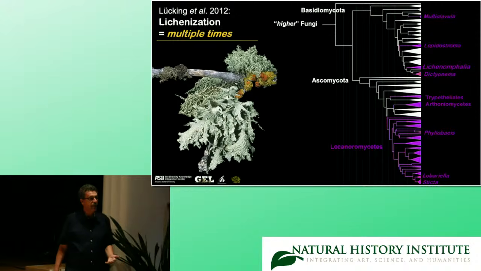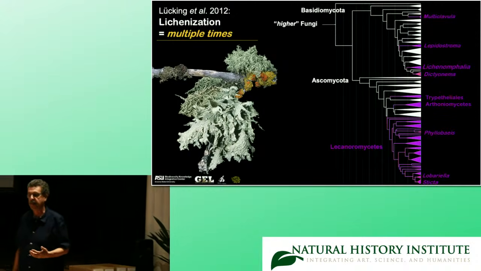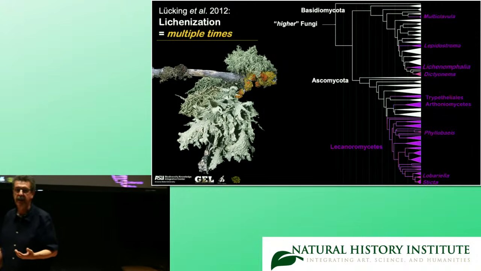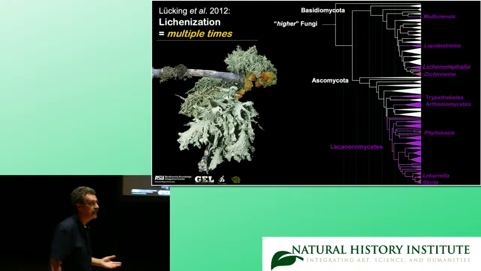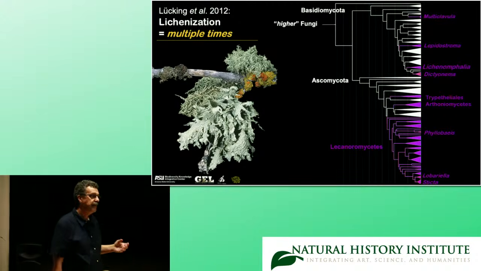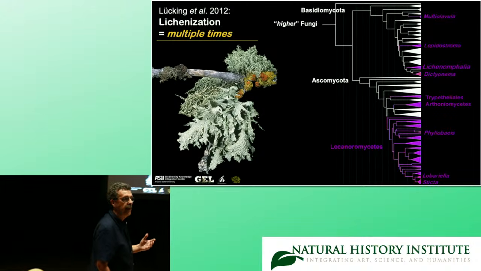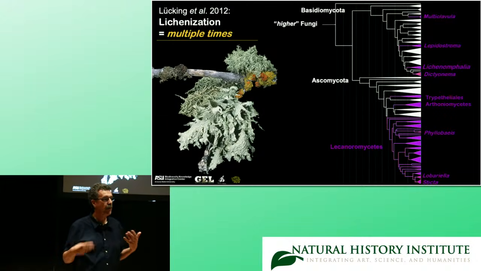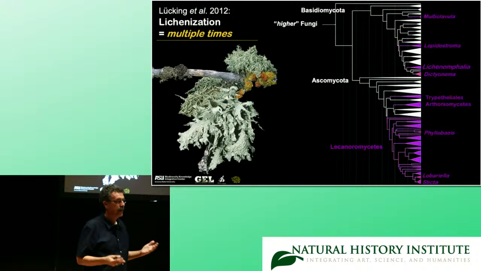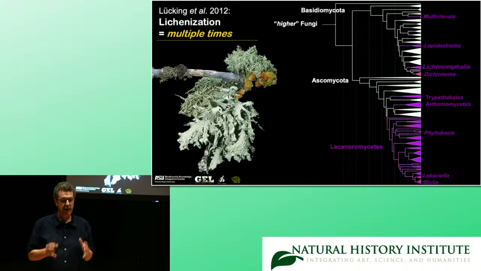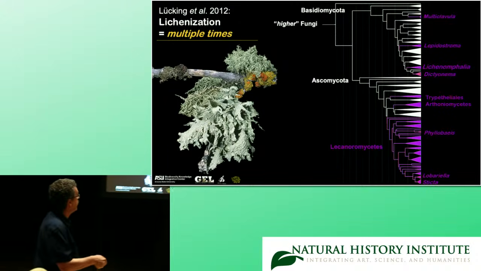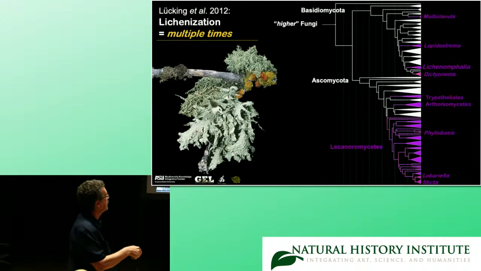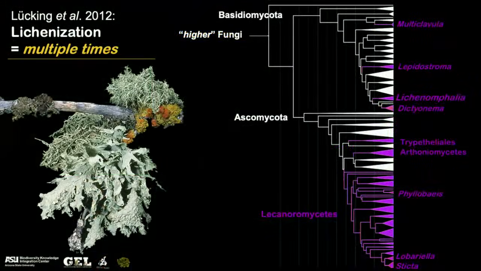And now, of course, as I've said, we use molecular tools. And molecular tools have shown us a very interesting aspect of lichenization, namely that lichens have arisen in the fungal tree of life several times. So they have formed independently from one another. They're not a phylogenetically closely related group. Some groups, like the Lecanoromycetes, are almost exclusively lichenized.